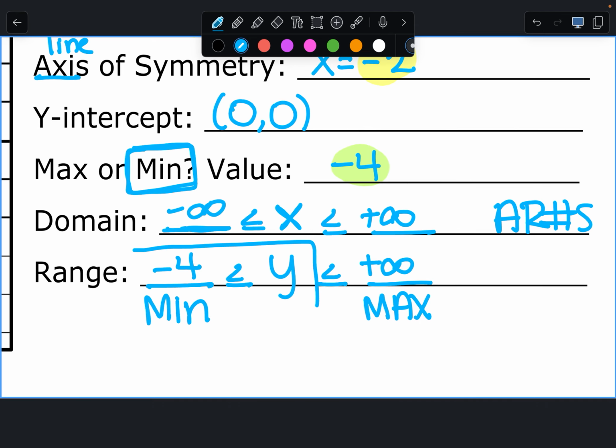We keep the letter and the numbers. But is this an acceptable answer? Nope. We're going to have to turn it around, flip it to where the letter or the variable is in the front. And if I do that, I must also flip the symbol. Okay.